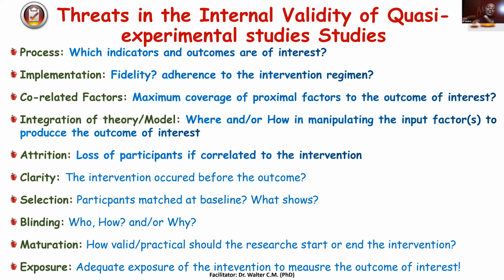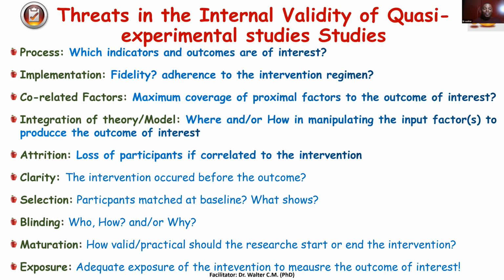And then sometimes there is loss of participants, if it is correlated with the intervention. If we have loss to follow-up, we always just say that people were lost to follow-up. But if you are told to give a reason, some of them said they are sick, and some of them is just self-denial after an intervention. But we are forgetting to interrogate them to establish whether it is the intervention that affected their decision, or their own issues.